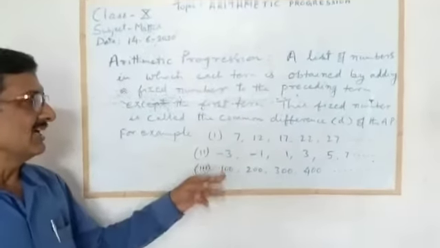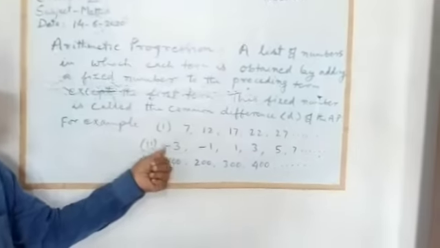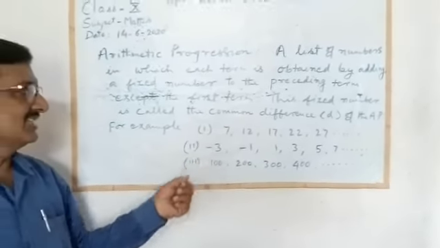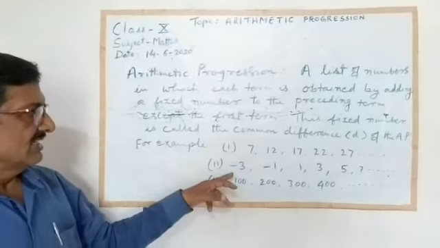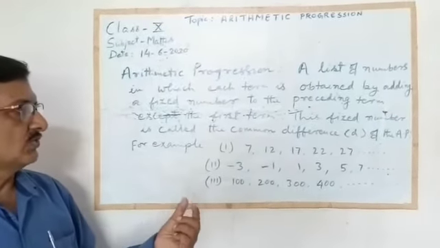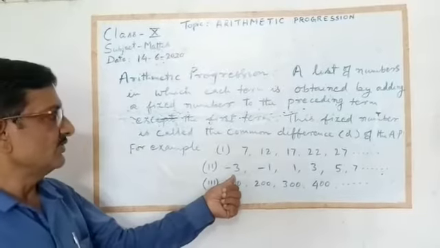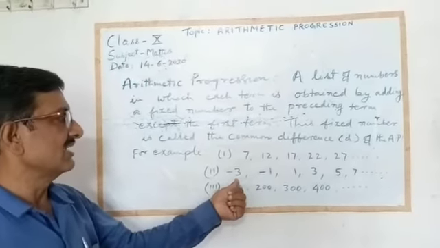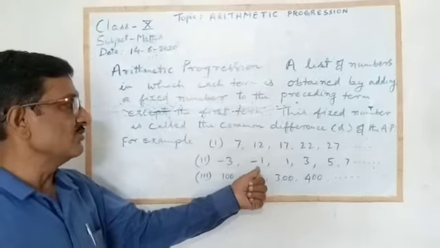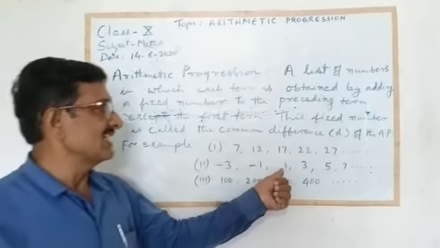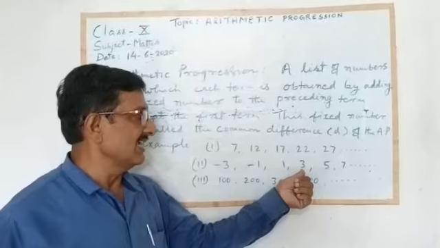In the second example, the first term is minus 3. The number is increasing by adding 2 to its preceding number. When 2 is added to minus 3, we get minus 1. When 2 is added to minus 1, we get 1. When 2 is added to 1, we get 3.